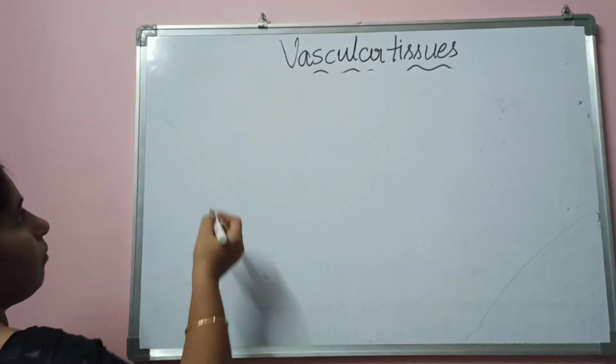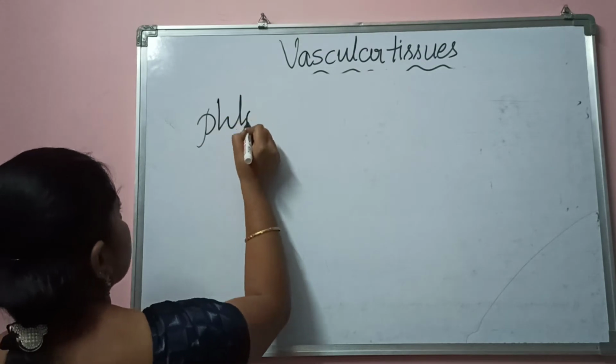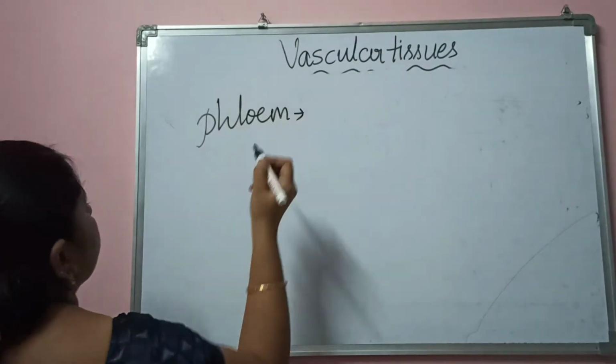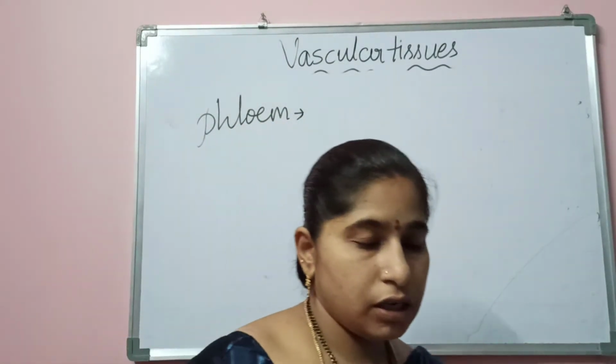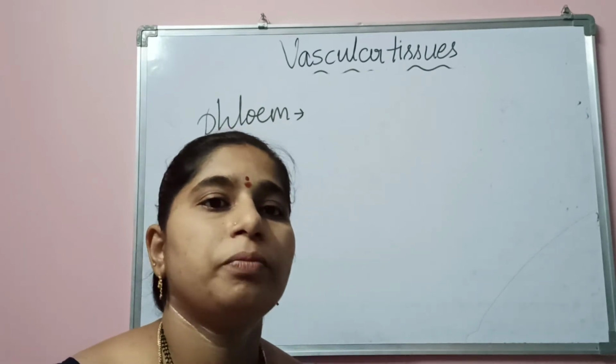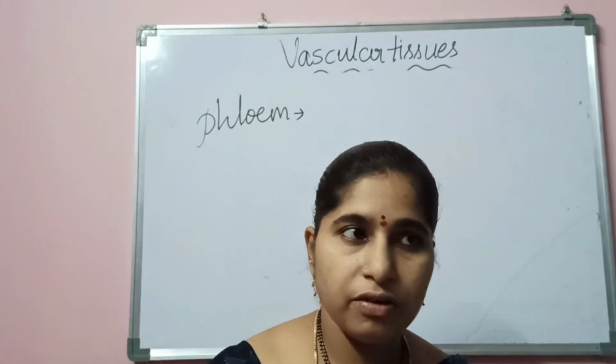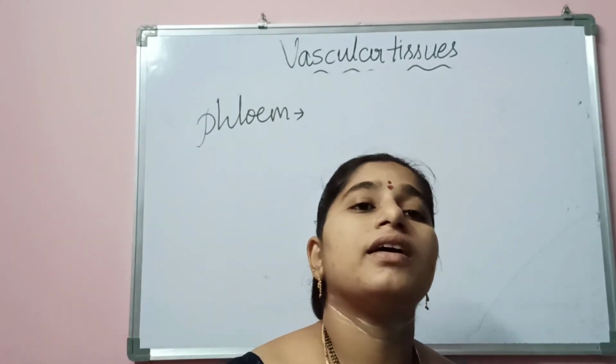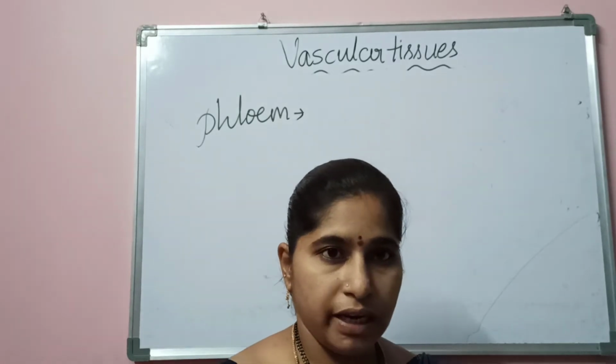Okay, next coming to the phloem. The phloem is an important tissue that helps in the conduction of food materials. So who will prepare the food material? Here the leaf will be preparing the food material.